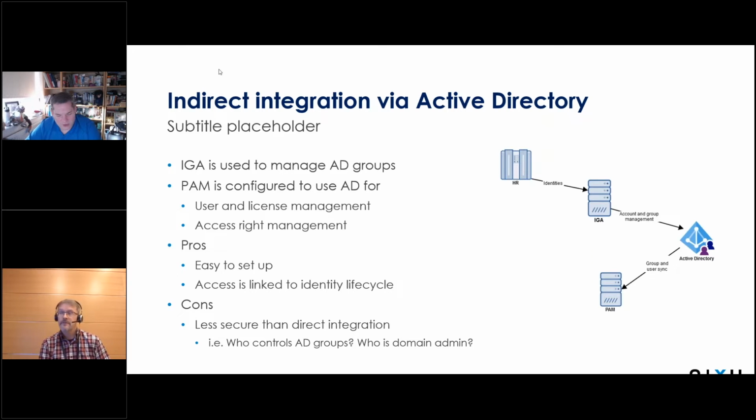The challenge comes in understanding how to apply those permissions, bearing in mind permissions are a two-dimensional thing within a PAM tool. You have permissions that indicate what you can access, and then roles that indicate what you can do with the permissions that you can access.